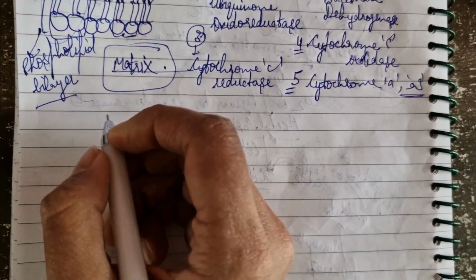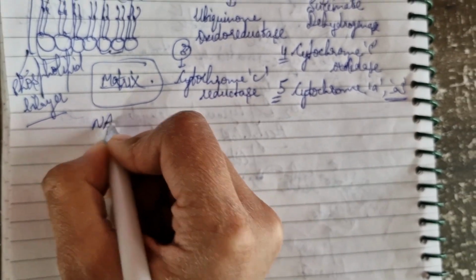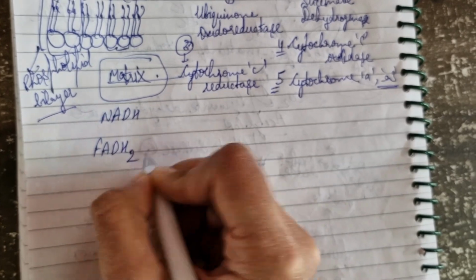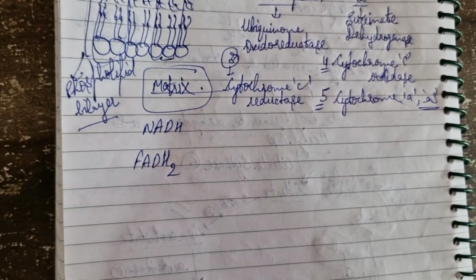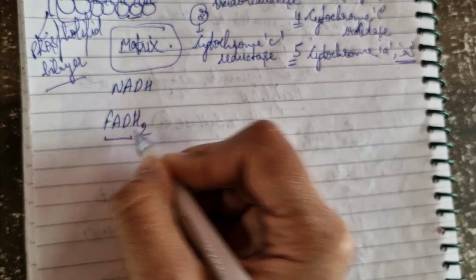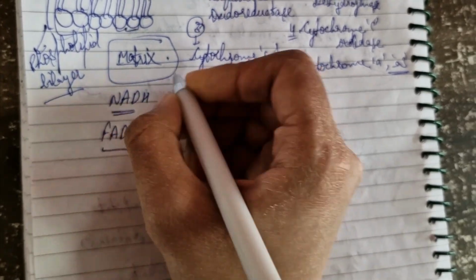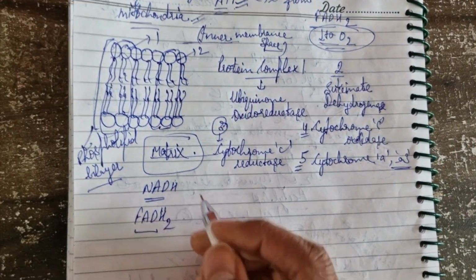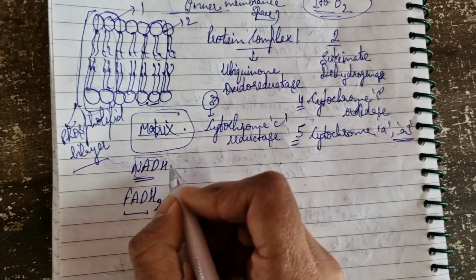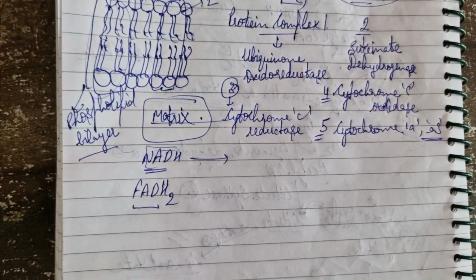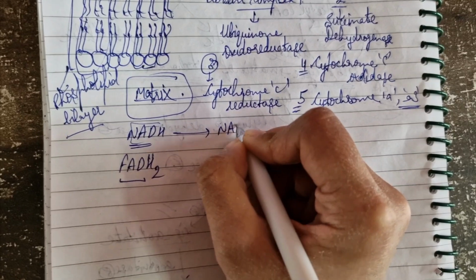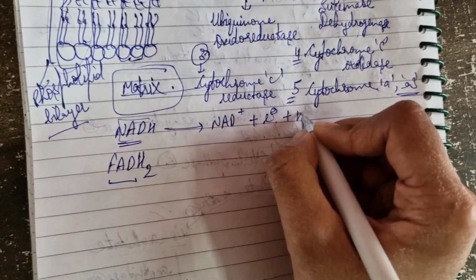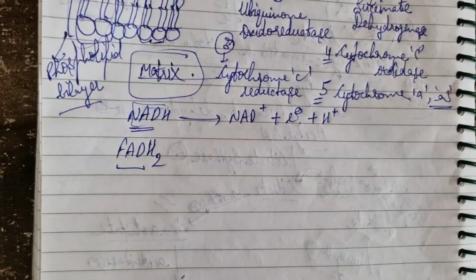Now we will discuss the process of how the molecules of NADH and FADH2 give electrons for the production of ATP. So if we take the case of NADH, it breaks down into NAD plus, electrons plus H positive ions.